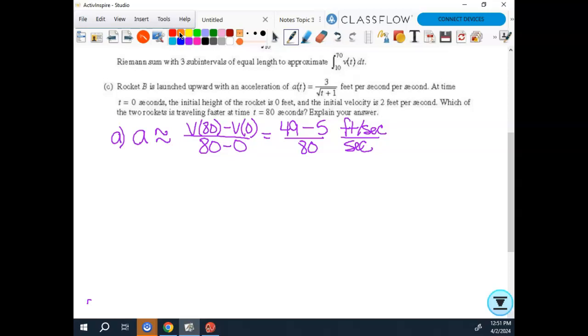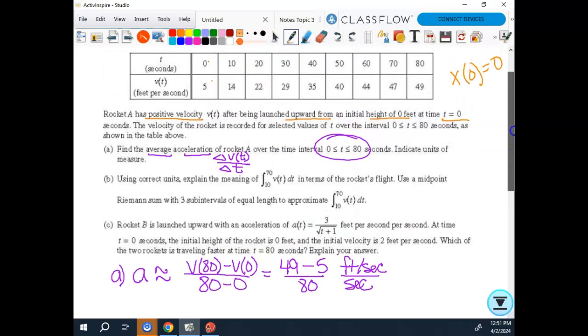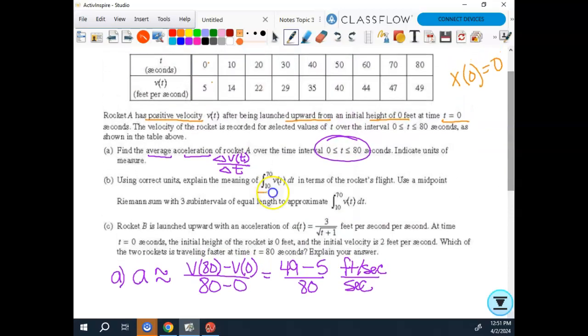It says, using correct units, explain the meaning of the integral from 10 to 70 in terms of the rocket's flight. And then use a Midpoint Riemann sum with 3 subintervals. Okay, so let's talk about what this means. If I integrate velocity, and I'm not multiplying it by anything, what do I get?